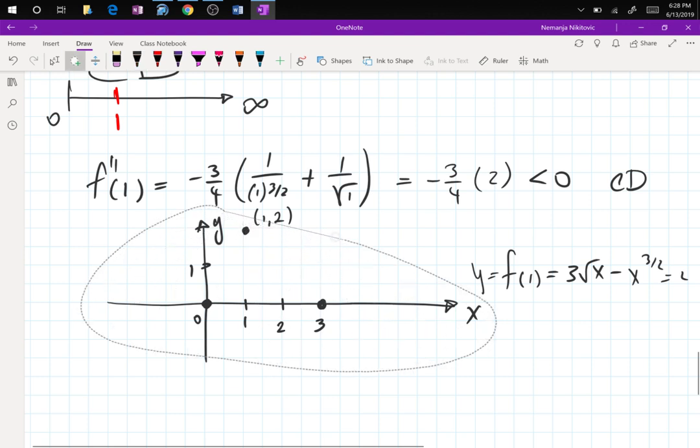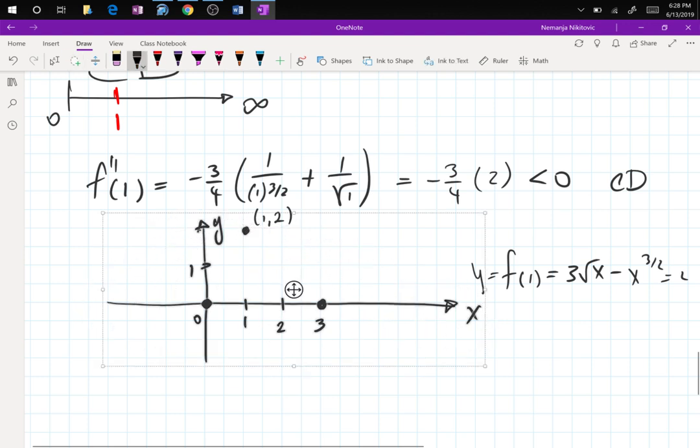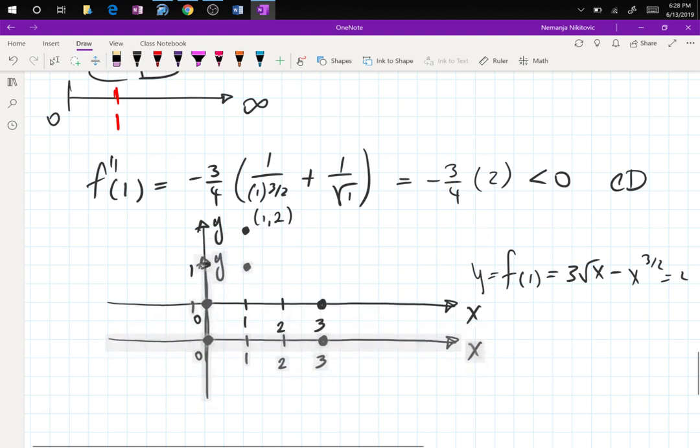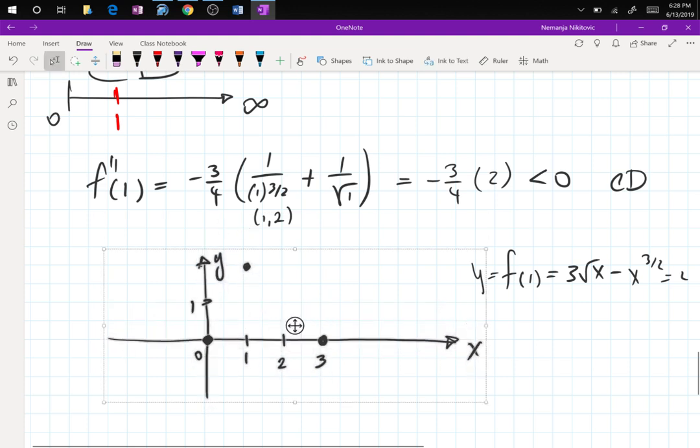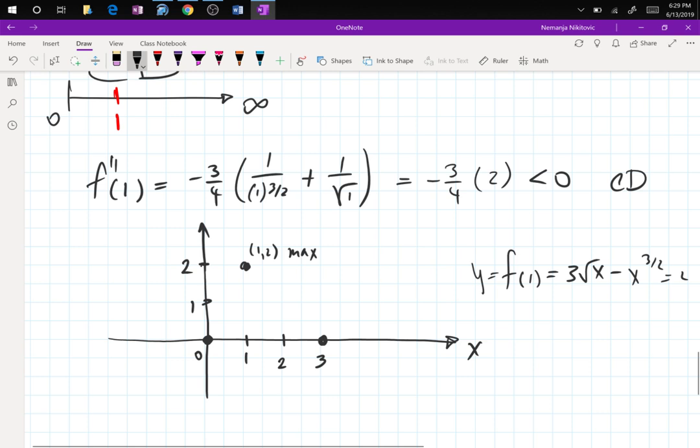I have to use some magic over here. So I plotted, maybe I should use red to plot all of the important points.